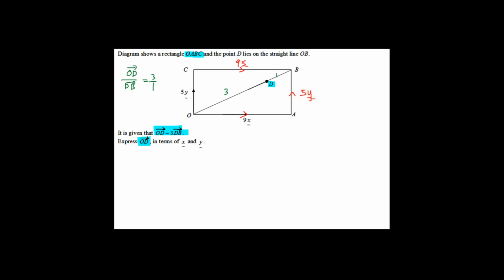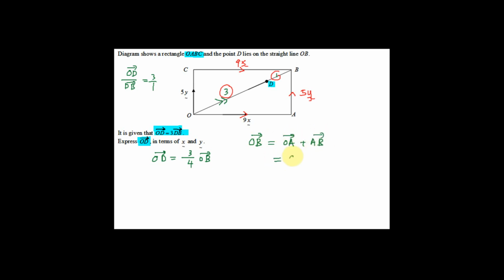So how to find OD? First your OD equals 3 over 4 of OB, right? Because this is your OB here in this direction, your OD also in this direction, and your OD takes 3 portions, and the total is actually 3 plus 1, which is 4 portions. So we have OD equals 3 over 4 OB. Now we have to find OB. OB is very simple because OB equals OA plus AB.